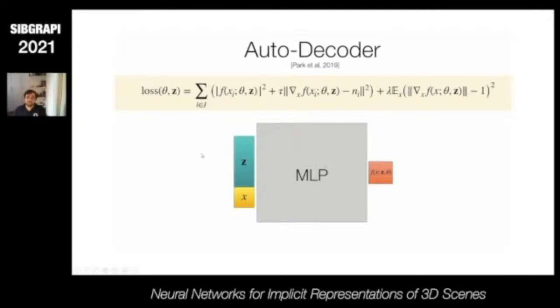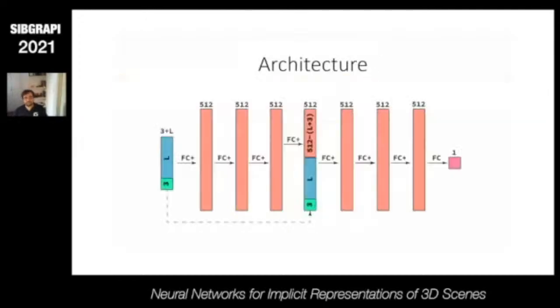In the inference, the neural network is frozen, so the neural network weights are fixed, and the latent code is optimized. The architecture is very similar to the previous one, except for the fact that we concatenated latent vectors. In the middle layer, the size of this vector affects the number of neurons used.